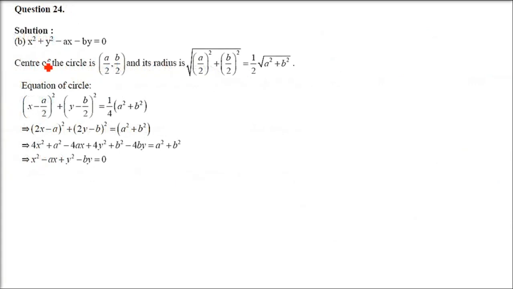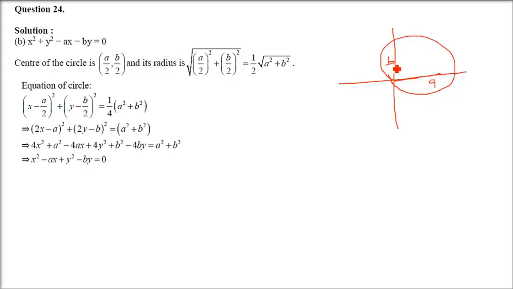So question number 24. Equation of the circle through origin which cuts intercepts of length a and b on axis is. So we have a and b and the circle is also passing through origin. Actually this question we have already done in our exercises.